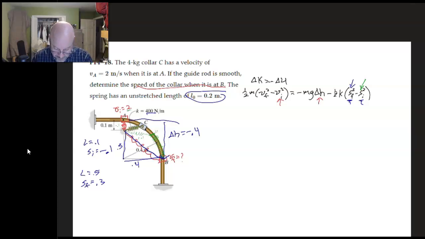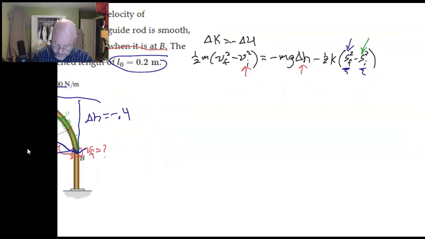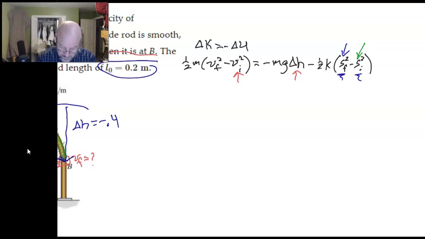Well, we're going to do a little bit more algebra. I'm going to take my 1/2 m over to the other side, and then I'm going to put my v initial over to the other side as well.